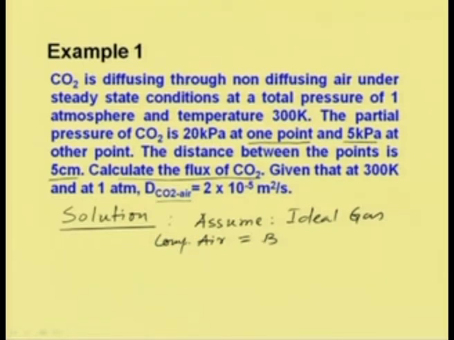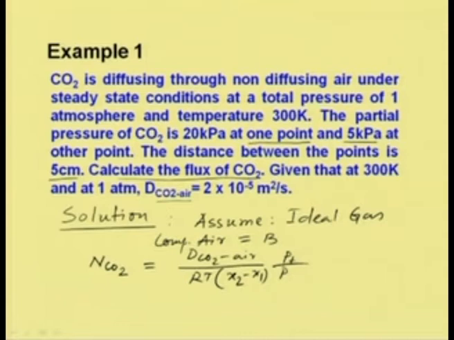So, we can write the flux equation of component A through non-diffusing B. We can write flux of CO2 is equal to D_CO2-air divided by R T (x2 minus x1) into P_t by P_BLM into (P_CO2 at 1 minus P_CO2 at 2).